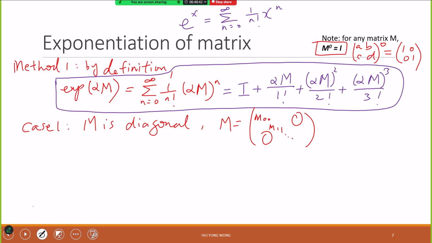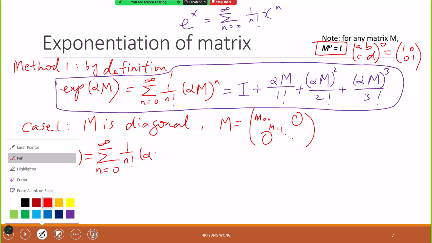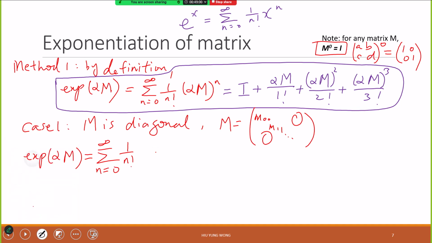Then let's follow the definition. The exponential of alpha M is equal to the summation from n equals 0 to infinity of 1 over n factorial, alpha M to the power n, right? But let me spell this out. This is alpha to the n, and then M00, M11, M22, the rest is 0, to the power n. That is the definition.